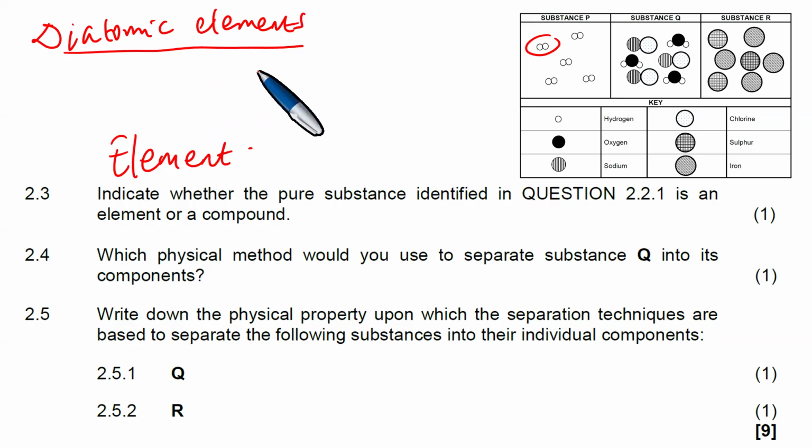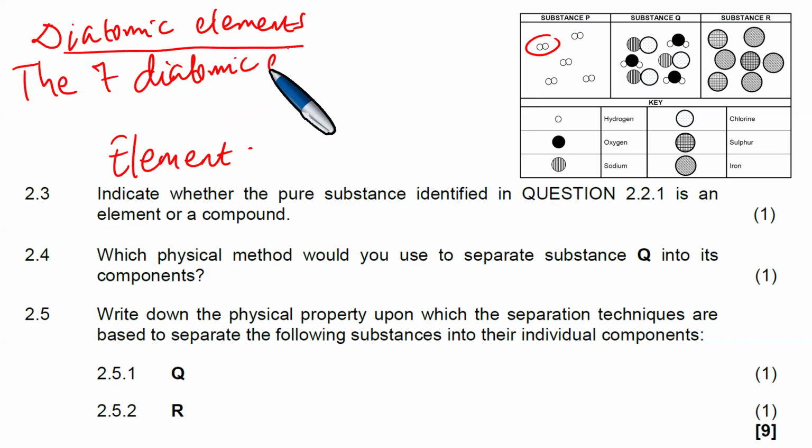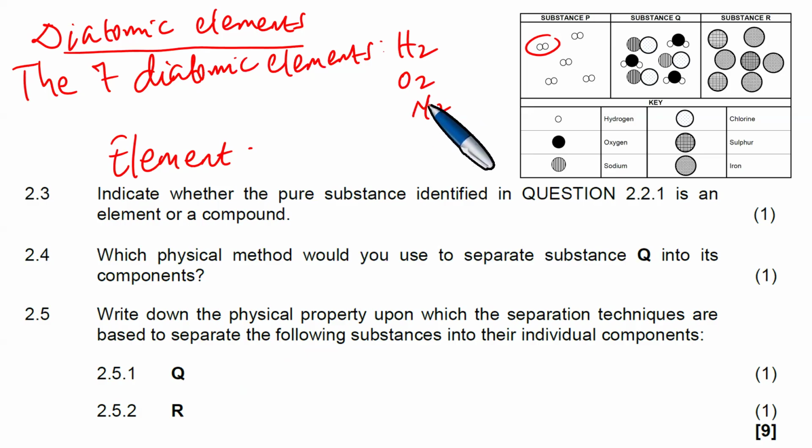Right, so now we can mention the seven diatomic elements. What are the 7 diatomic elements? It is hydrogen, oxygen, nitrogen.